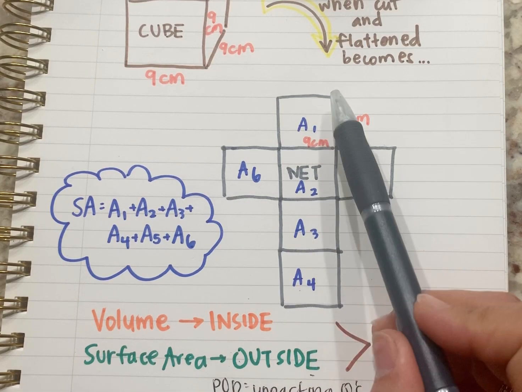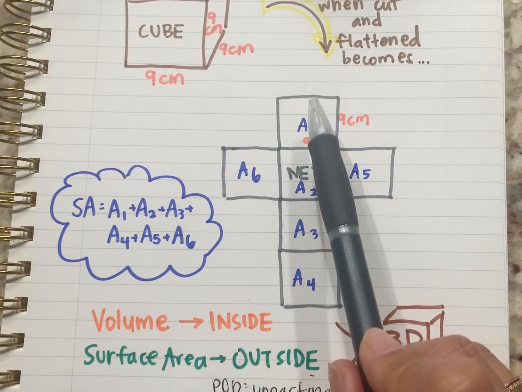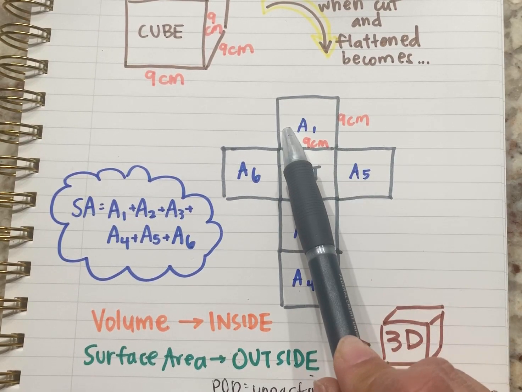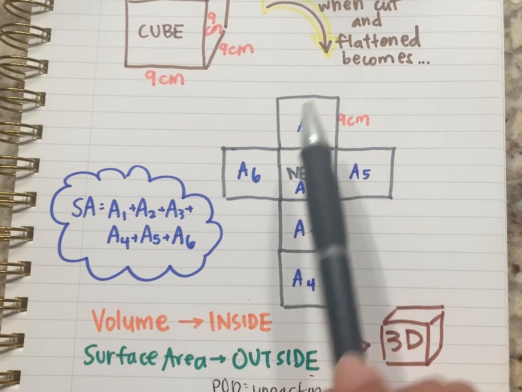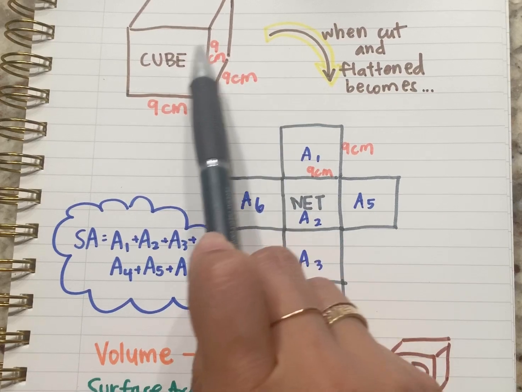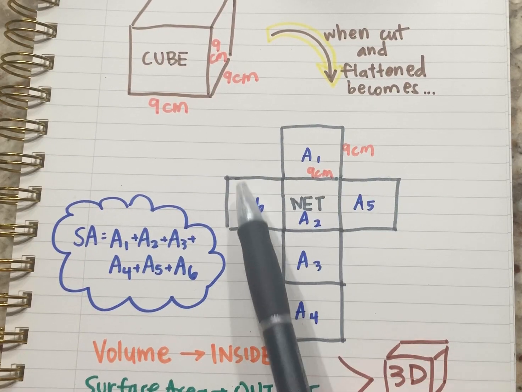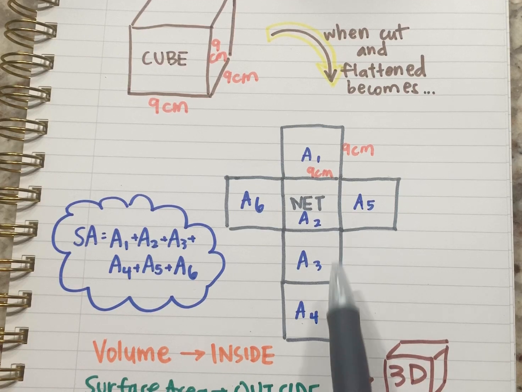The regular area is just how much space you have in one of the faces of a flat surface. Because remember, this net shows a 3D cube flattened down, so each one of these faces is shown flat.